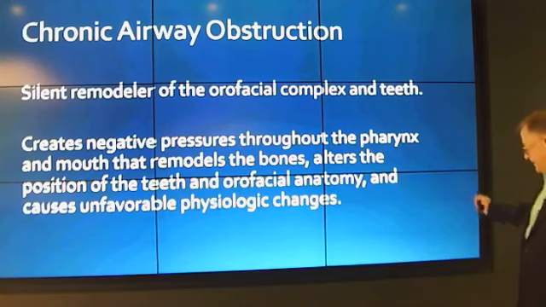So let's look again at just how it works. Once you have airway obstruction, the pressure you felt there constricts the maxilla, which changes the tooth position. Once the tooth position is changed and the bone is remodeled, then you have less room for the tongue to fit in there.